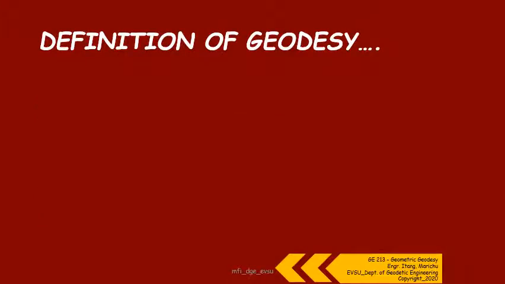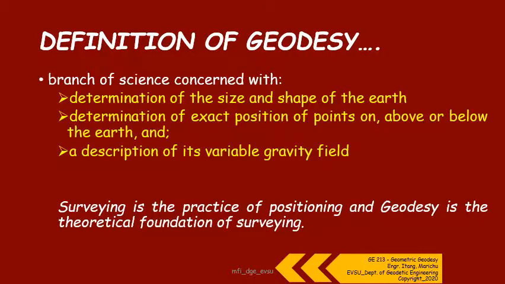So, geodesy is a geoscience also that contributes to our understanding of the solid earth, atmosphere, and oceans. So, geodesy has branches of science concerned with the following. We have determination of the size and shape of the earth. Ito yung pinakauna, which is the geometric geodesy.